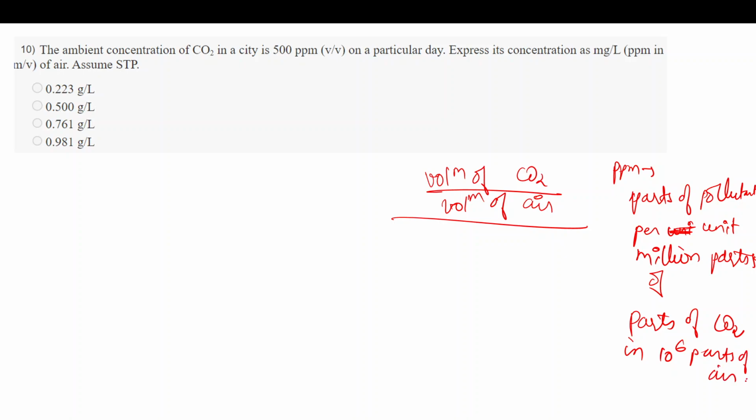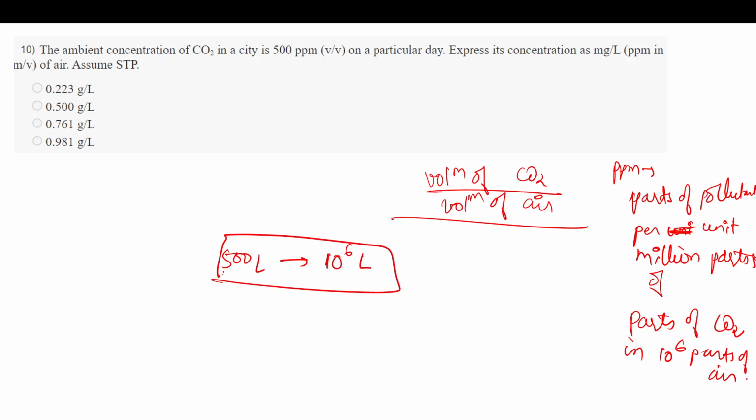Okay, so if we talk about volume by volume concentration, then we can expand it as 500 liters, for example, present in 10 to the power 6 liters.